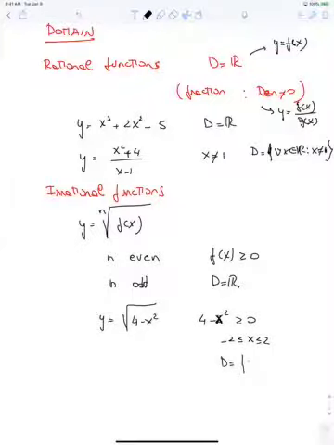So the domain is all the x in the set of real numbers that are in between minus 2 and 2. It's important the equal sign, because the square root of 0 exists and it is 0. What doesn't exist is the square root of a negative number.